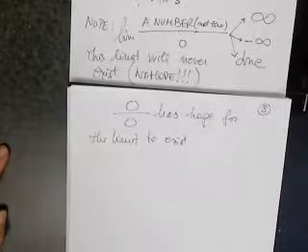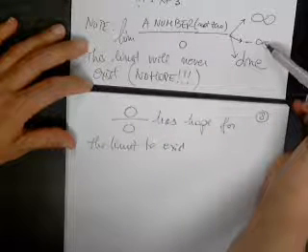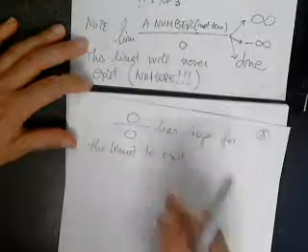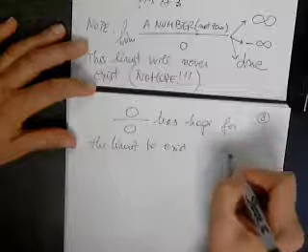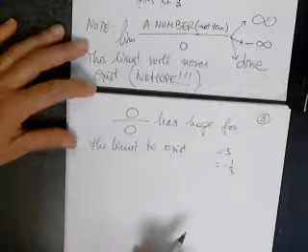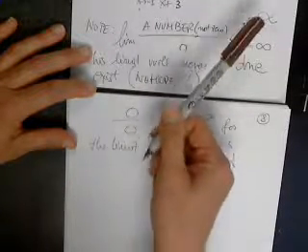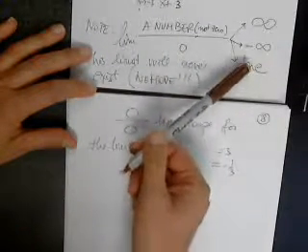For 0 over 0, there is hope that the limit exists. For a number over 0, never any hope. It will be one of these 3. This may end up being 3, or negative 1/3, or whatever else you want, a number. But this one will only have these 3 possibilities.